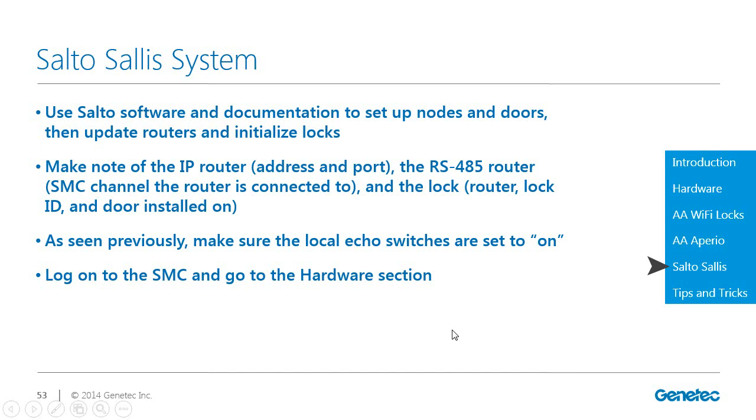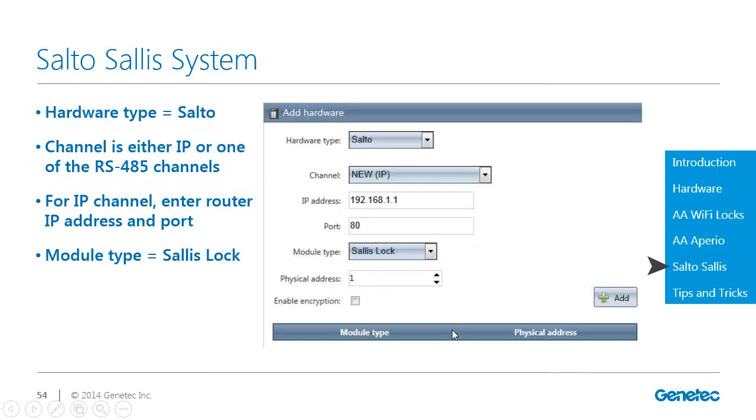Now on the SMC unit, make sure we have all the local echo switches set to on, as we saw in the previous step, and then log into the SMC and go into the hardware section. From here we hit the add button to add new hardware, and we pick Salto as the hardware type. Then we select the channel being used, either IP or one of the RS-485 channels.